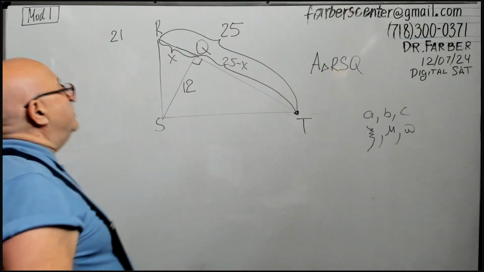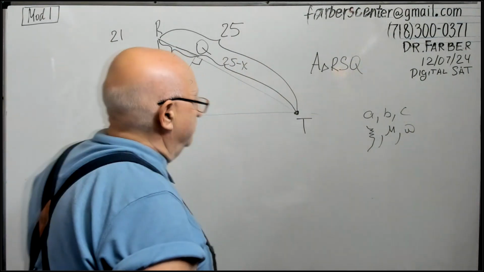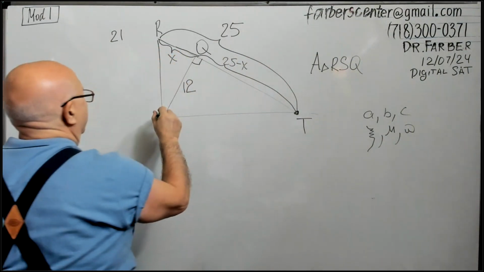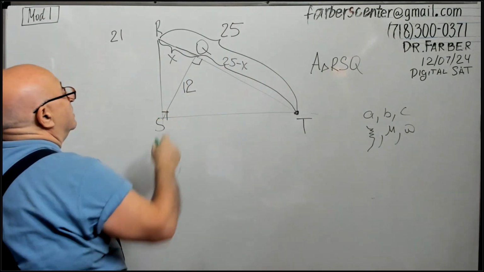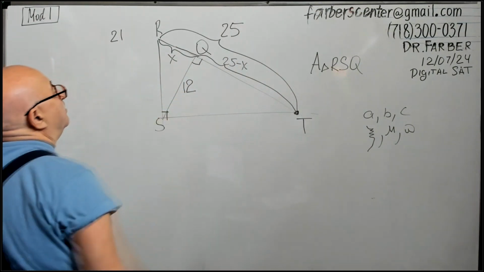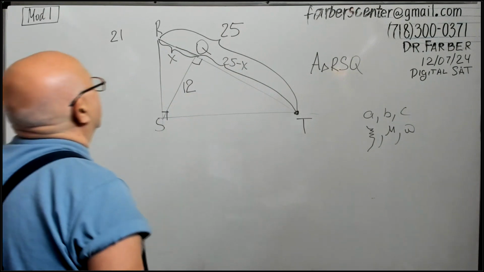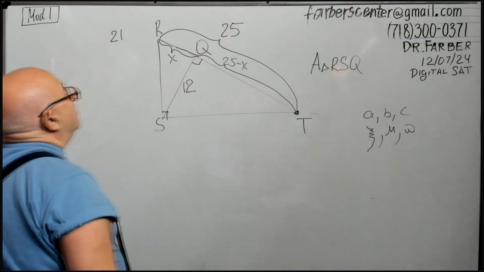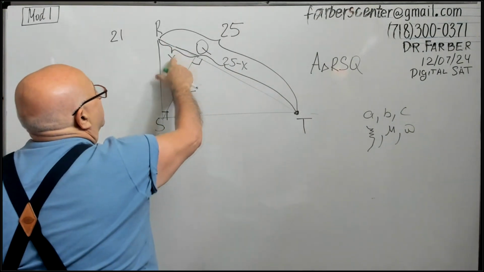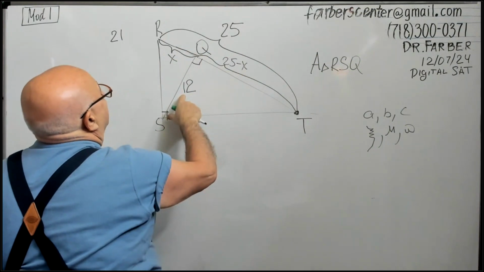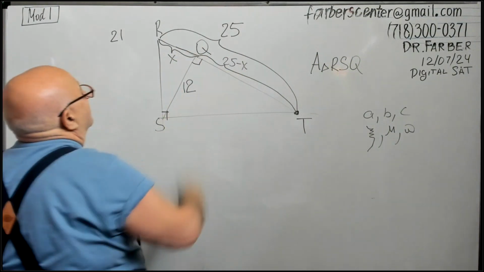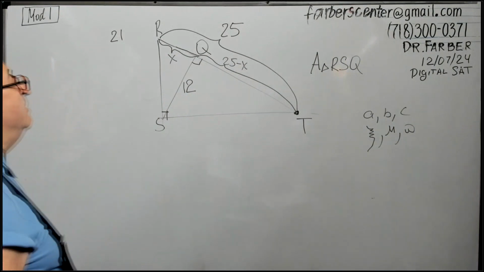And you know the theorem about the perpendicular from the right angle to the hypotenuse. According to this theorem, the product of this times this equals this to the second power. We name it the geometric mean.